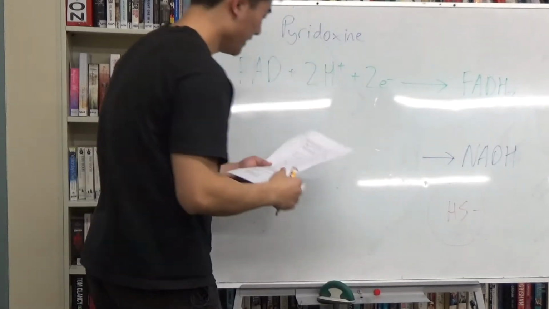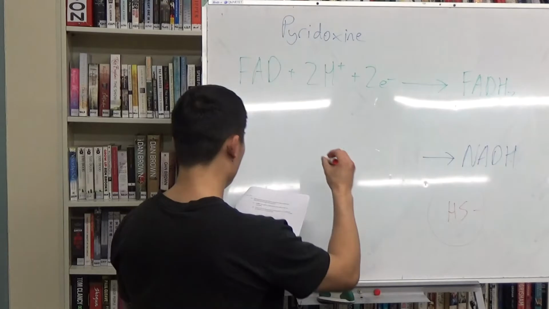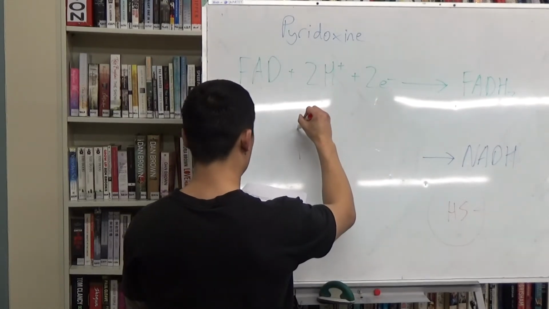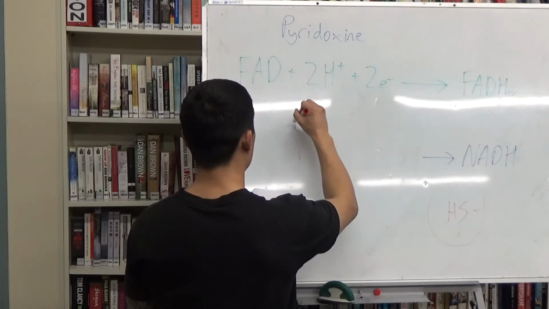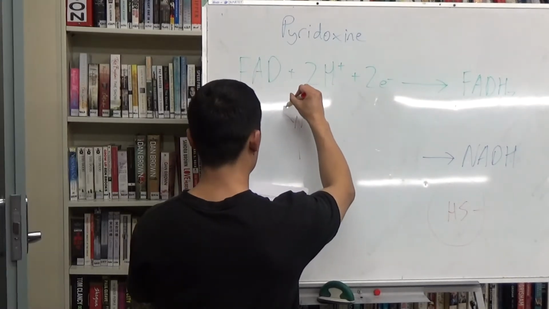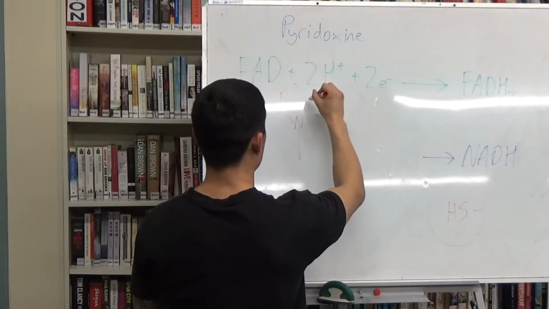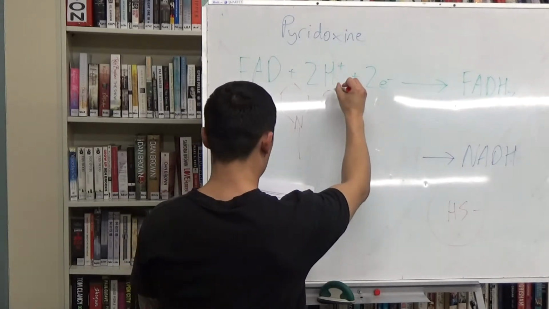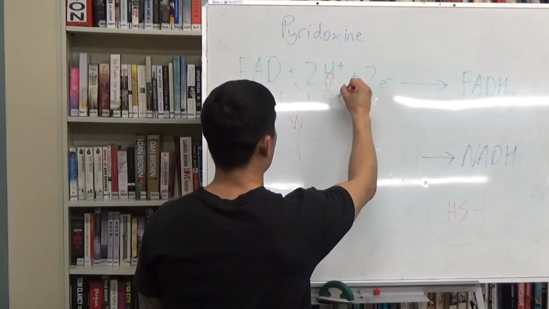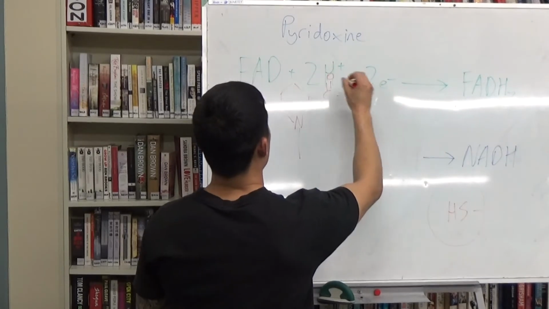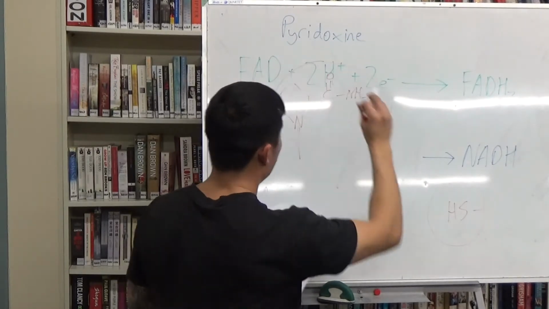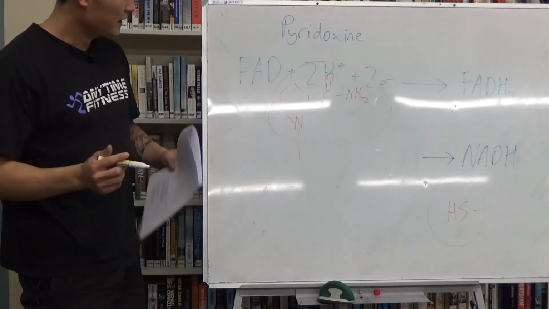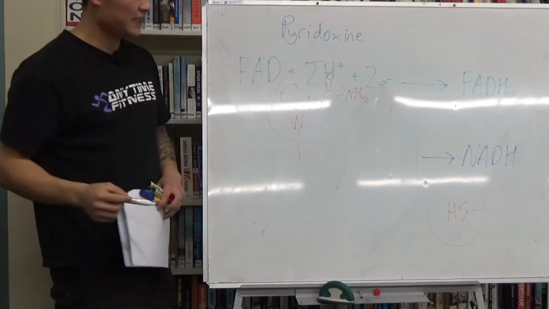Yep, so it's going to be the niacin. So on the top, you have the N. This whole thing here is your niacin, which is your functional group. So that's the part that's going to pick up the electrons.